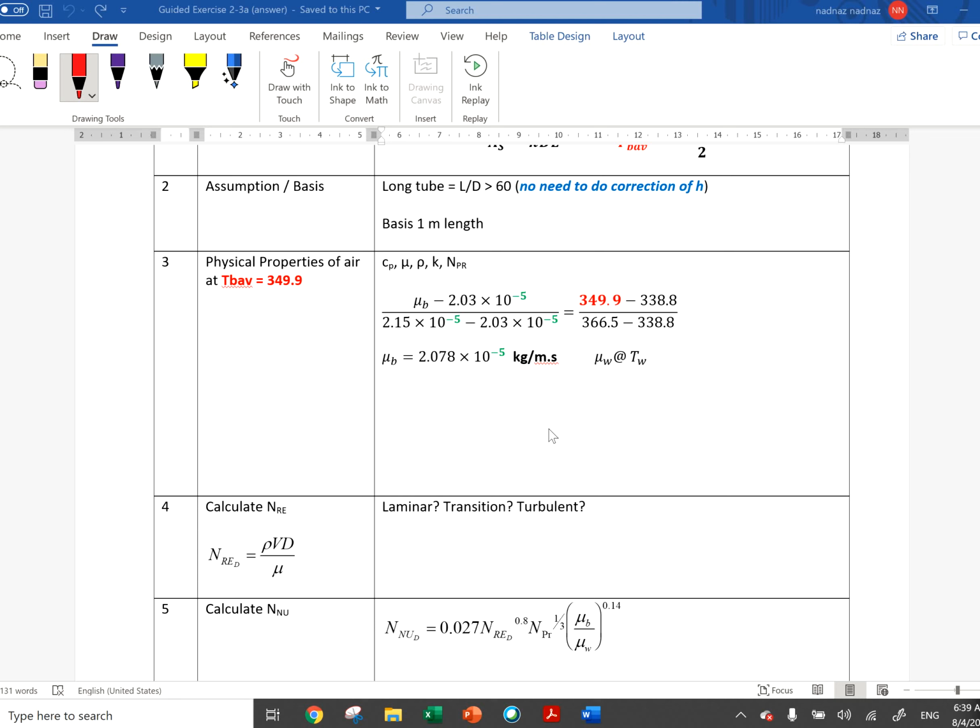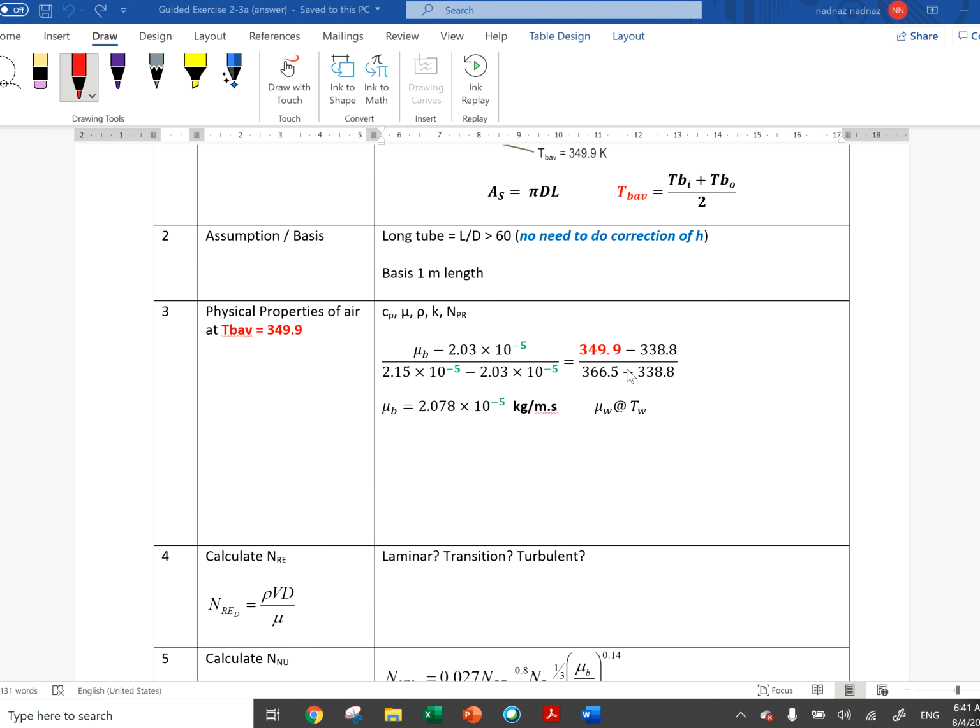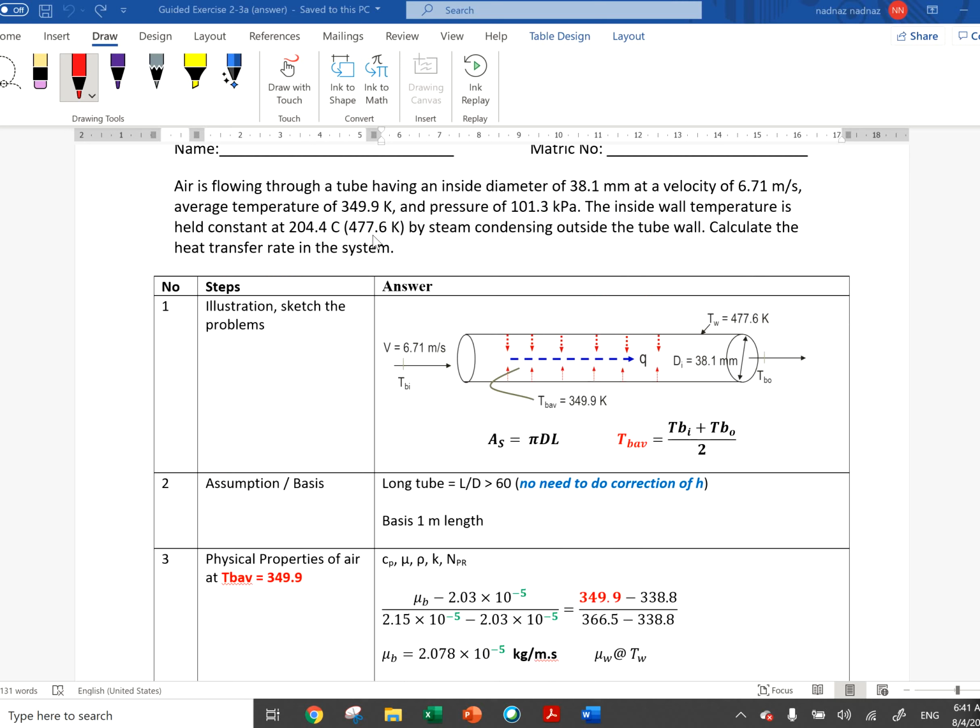Okay, so if you have already obtained the value for viscosity mu B, which is the viscosity at TB, then you can obtain the viscosity mu W at TW. Since the TW here is 477.6, please look up the value of mu W at TW. So mu W should be the mu of the air at TW, which is 477.6.